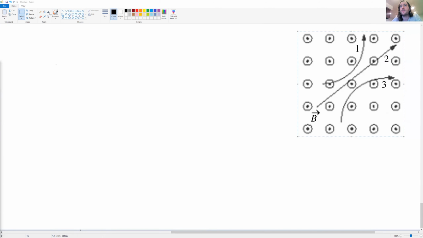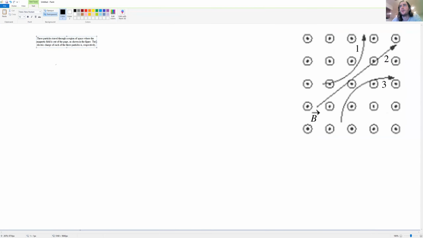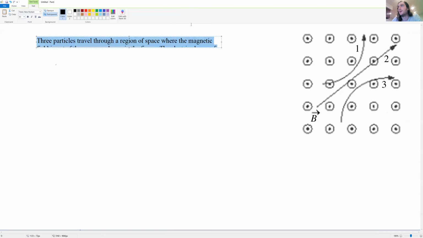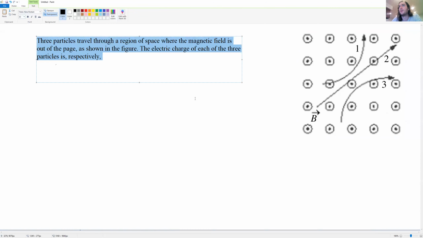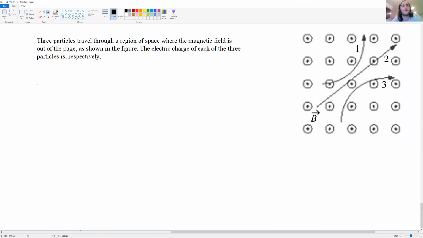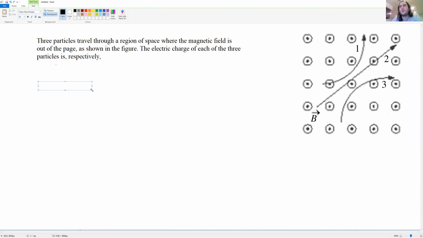Copy this question here. Oh, it's small. Scale it up a little bit. And then we'll copy the answers here. Scale it up.